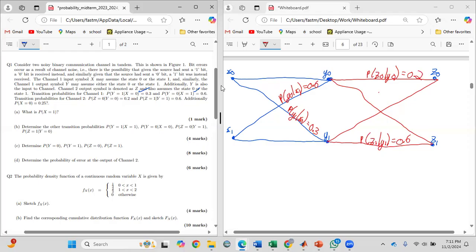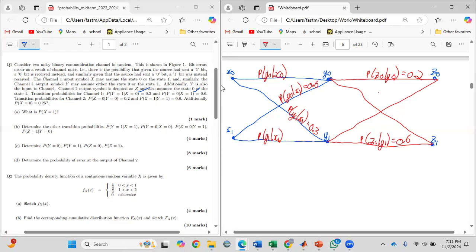So we can find the other transition probabilities. For this one, the probability of Y1 given X1, and up here, the probability of Y0 given X0, it's just the remaining piece from the probability that they gave. Because remember, they have to add up to 1, right? So in this one here, Y0 given X1 is 0.6.